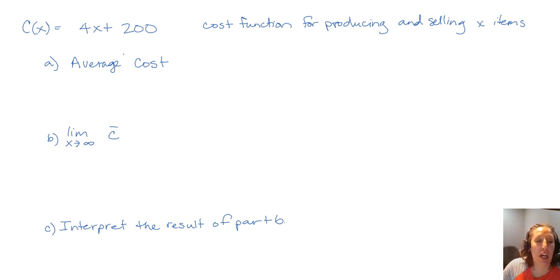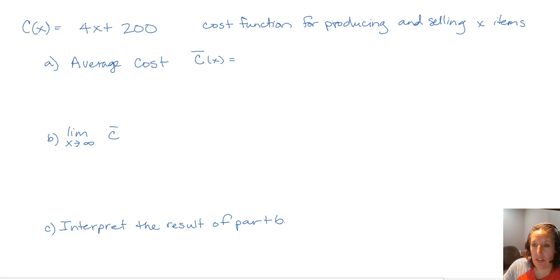But if we wanted to find the average cost, the notation that we typically use for average is we're going to take, in this case, our c of x, and put a bar on top. That is a fairly common notation for average, so if you're asked to find c bar, that means the average cost. In general, when we want to find the average of something, we add up all of them.